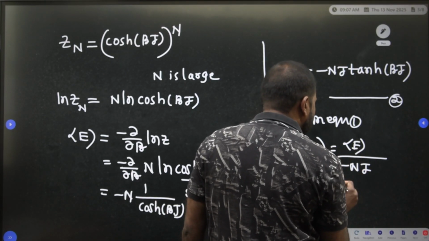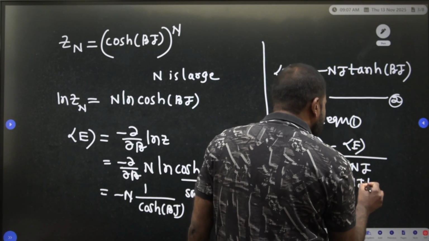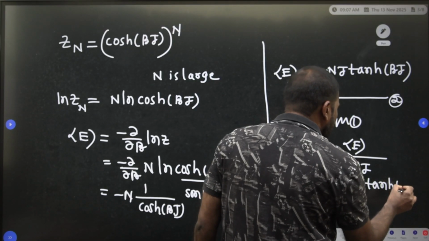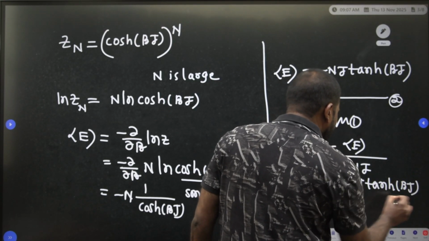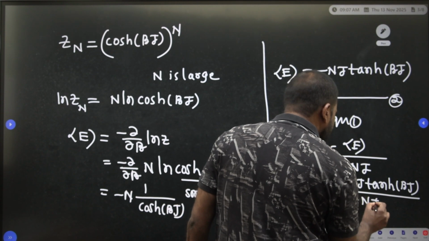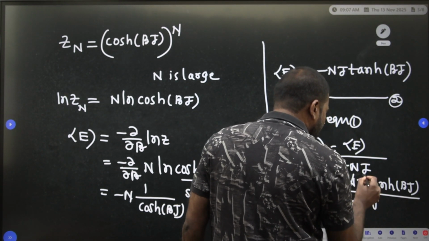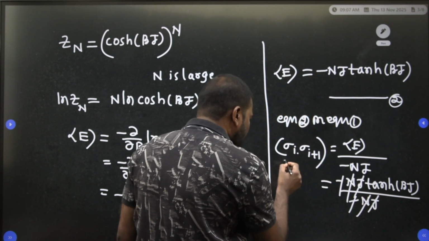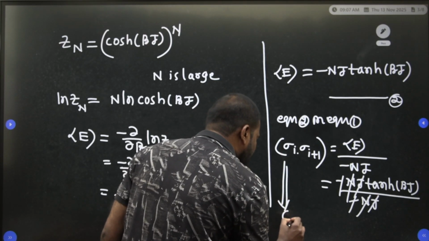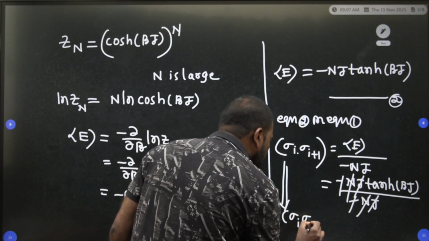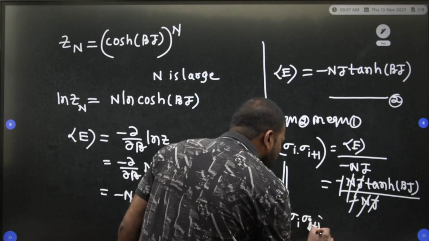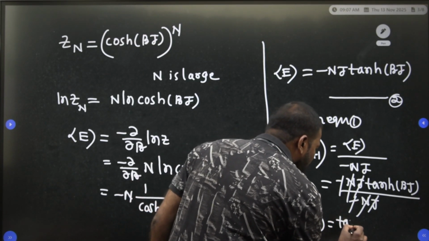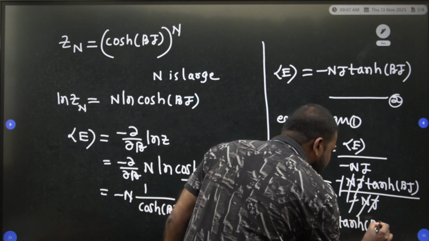Therefore, average energy is minus nJ tanh(βJ) divided by minus nJ. So, minus into minus nJ get cancelled. Therefore, the correlation function σ_i σ_(i+1) is equal to tanh(βJ).